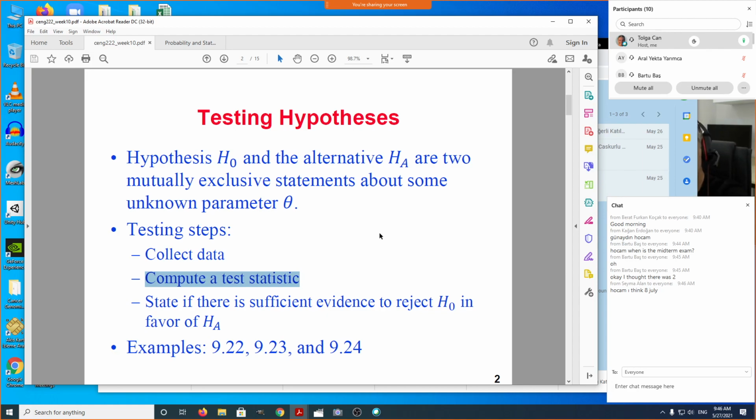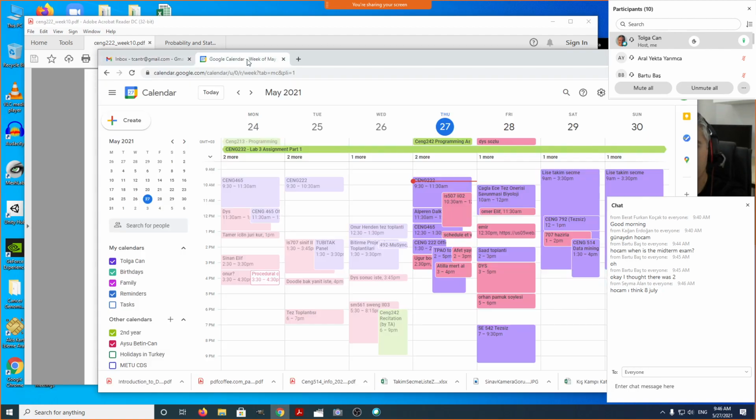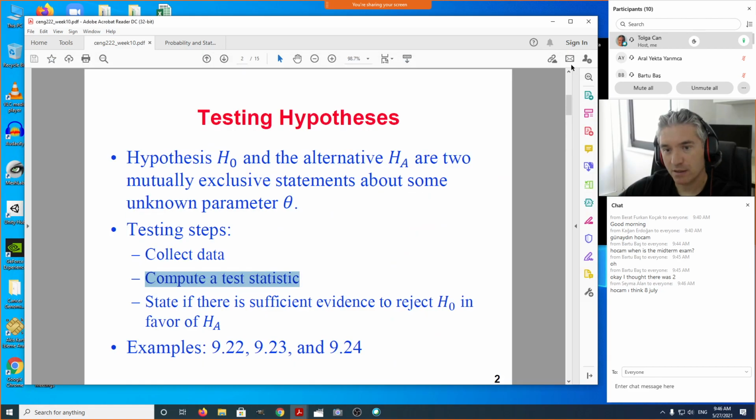We are going to compute this test statistic, which will be the Z value computed with respect to that sample data. We are going to see what it means when you see the examples. In the Z-test, we are going to compute the Z value for that sample.